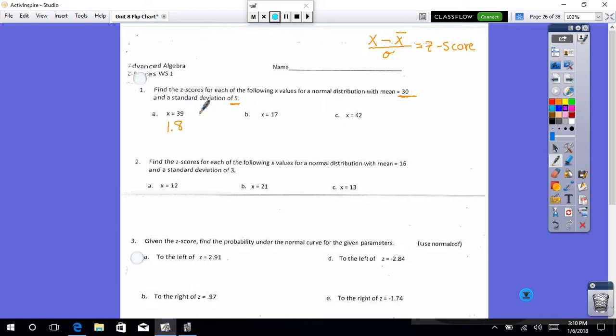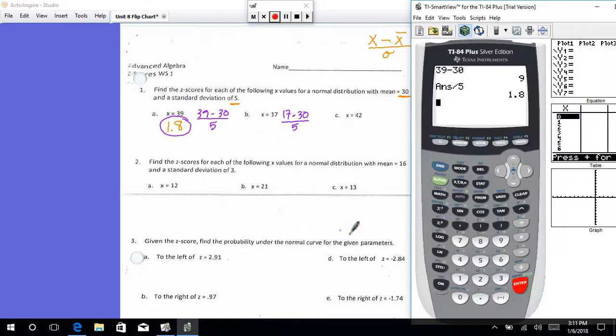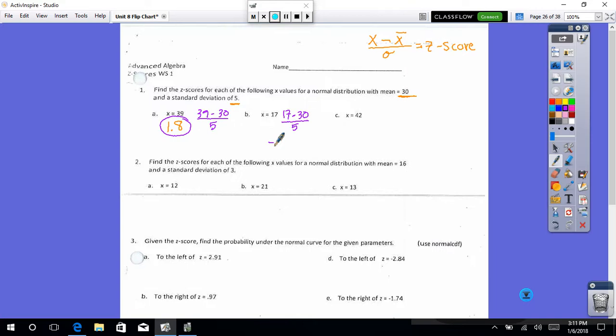Again, this is how I set it up: 39 minus my average of 30 divided by my standard deviation of 5 gave me my z-score of 1.8. This guy, 17 minus 30 divided by 5 gives me a z-score of negative 2.6.